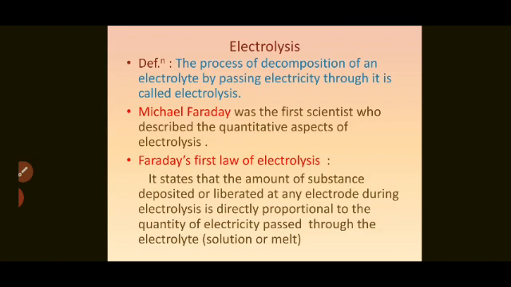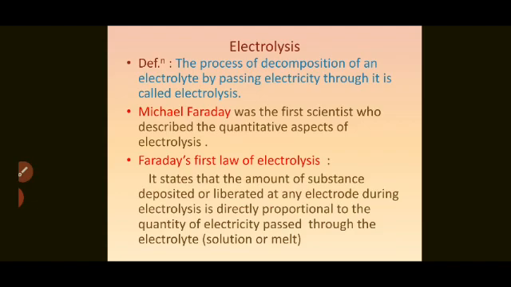It may be in the form of a solution or in the form of a melt. Let the amount of substance deposited or liberated be W, and the quantity of electricity be Q.